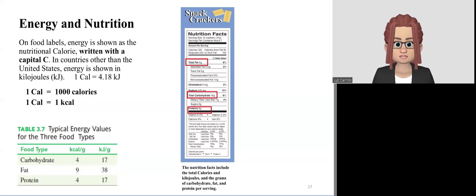In table 3.7 in the textbook, we have typical energy values for the 3 food types that are contributing energy in foods. As I mentioned before, those 3 biomolecules that contribute to that energy include carbohydrates, fat, and protein.